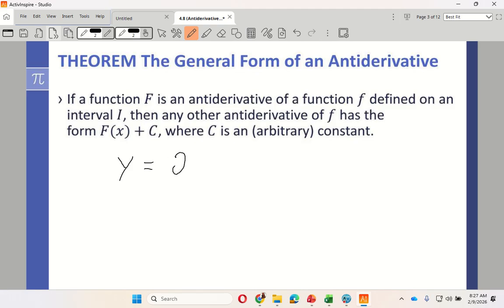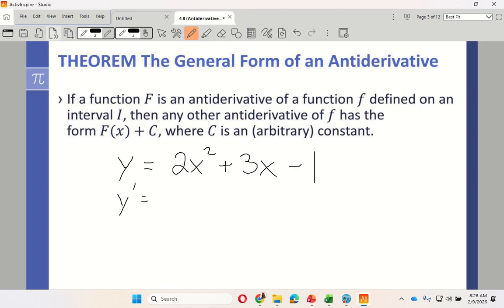Let's say y equals 2x squared plus 3x minus 1. Now, I stated that the antiderivative is the opposite. It undoes a derivative. So let's take a derivative.